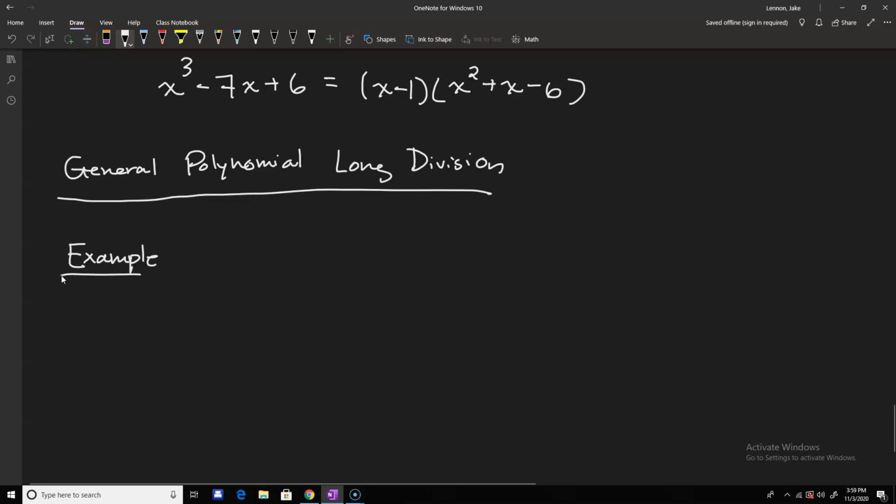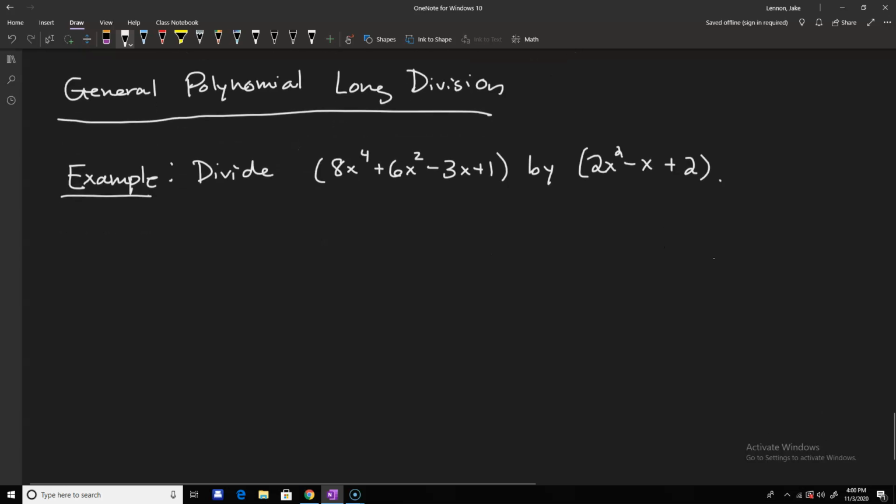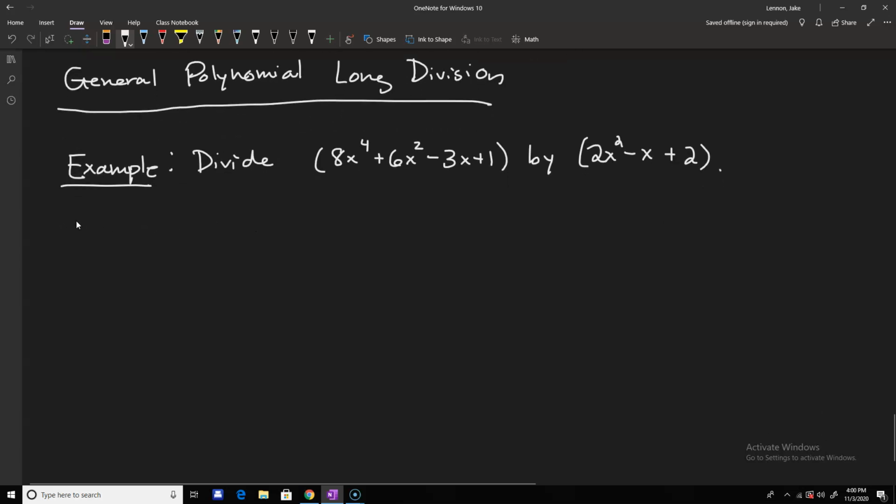What we want to do here is go ahead and divide, let's say, 8x to the 4th plus 6x squared minus 3x plus 1 by 2x squared minus x plus 2. So we set this up kind of in the old format.